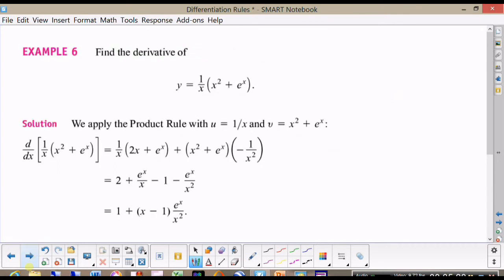So let's just show this example. Here we have a product of two functions. The first is 1 over x.